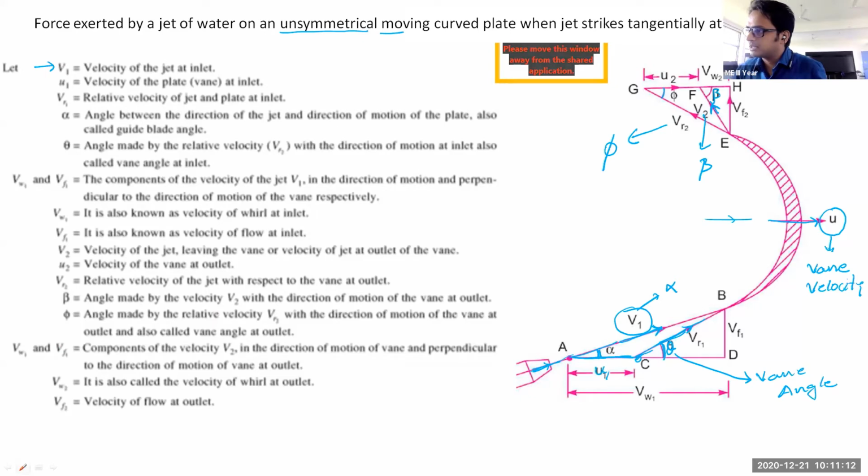Let me take some other color. I'm taking the red color. This VR1 will be tangential to your curved surface. This VR1, as you can see, I am highlighting it with red color. It is tangential to your curved surface, and VR1 is making an angle theta. Same tangential at the output you have to see.